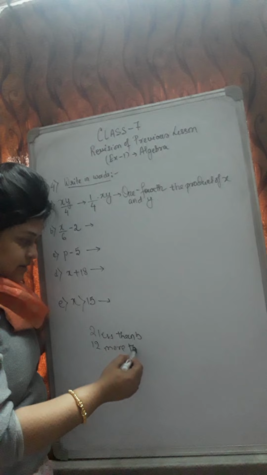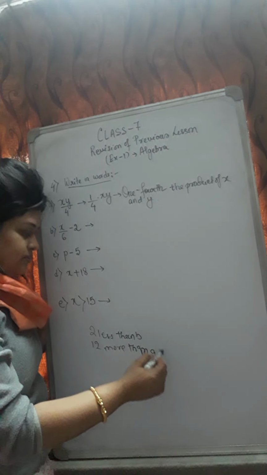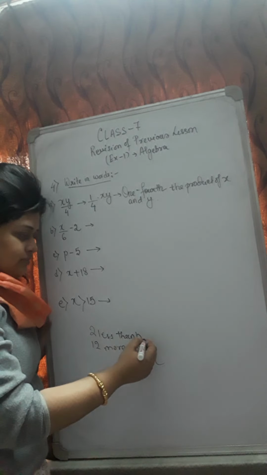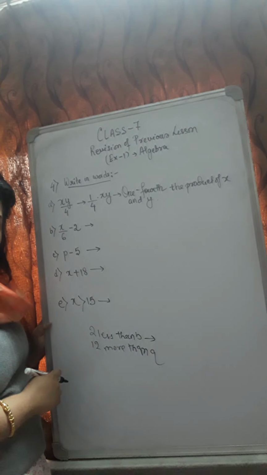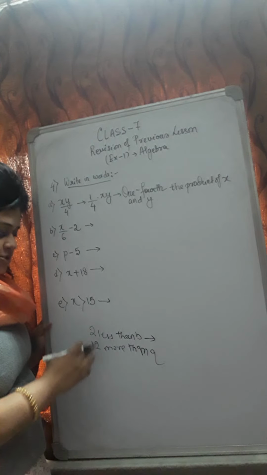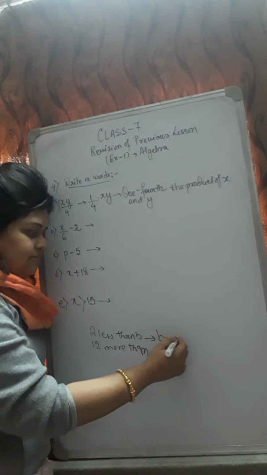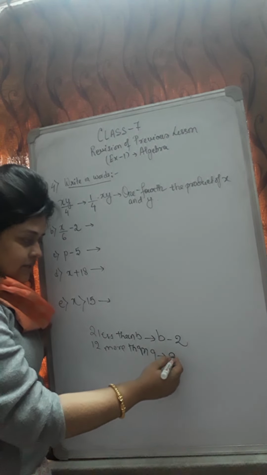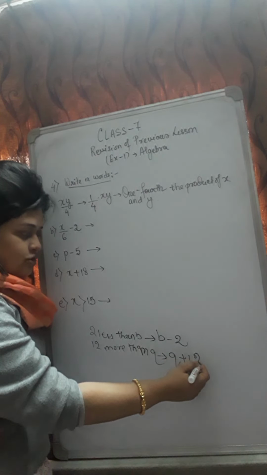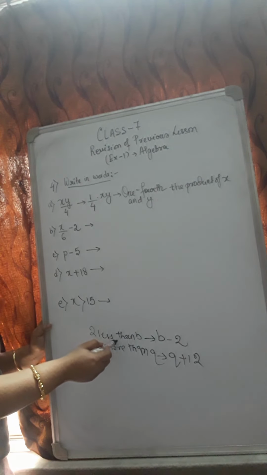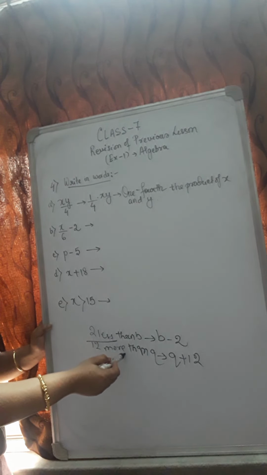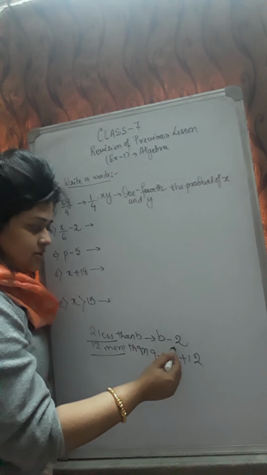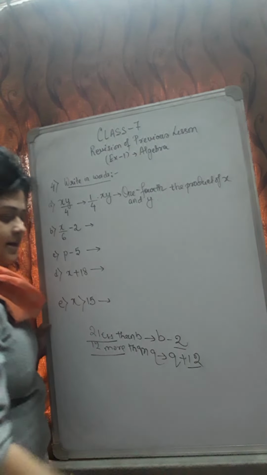What does it actually mean? When we write in an algebraic expression, 2 less than B means B minus 2. 12 more than Q means Q plus 12. So in words, whatever has to be subtracted or added is written first. But in the algebraic expression, it comes at the end.